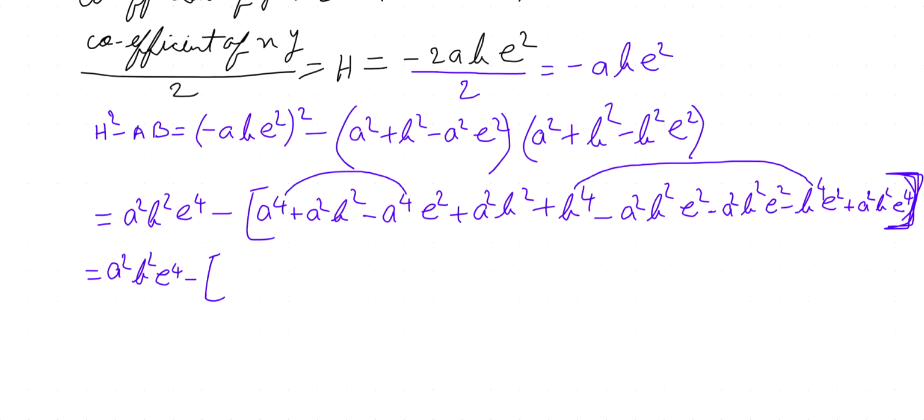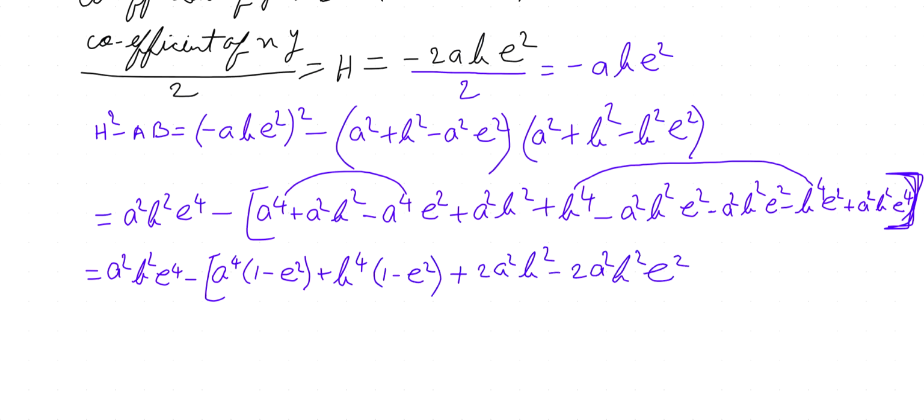So consecutively you can notice A to the power 4 times 1 minus A square, plus B to the power 4 times 1 minus A square, plus 2A square B square minus 2A square B square E square.